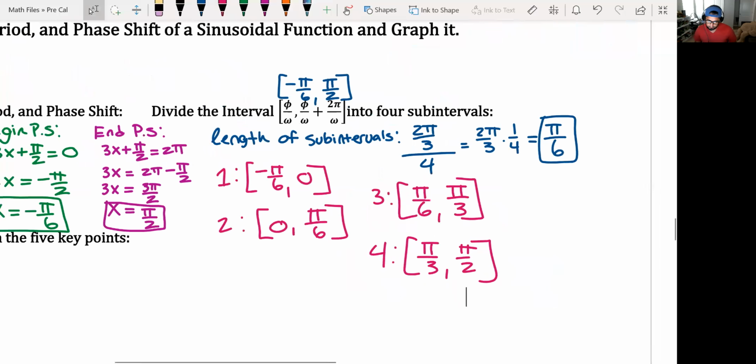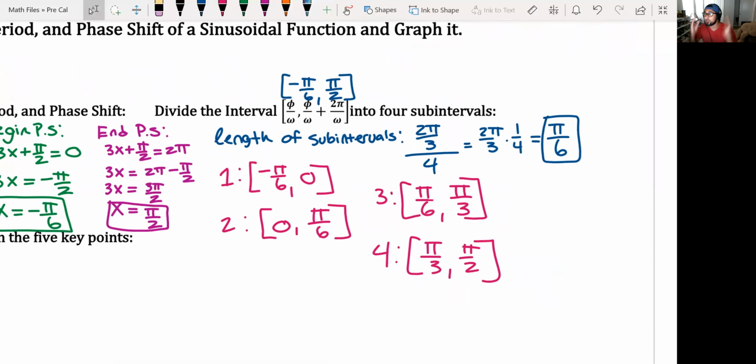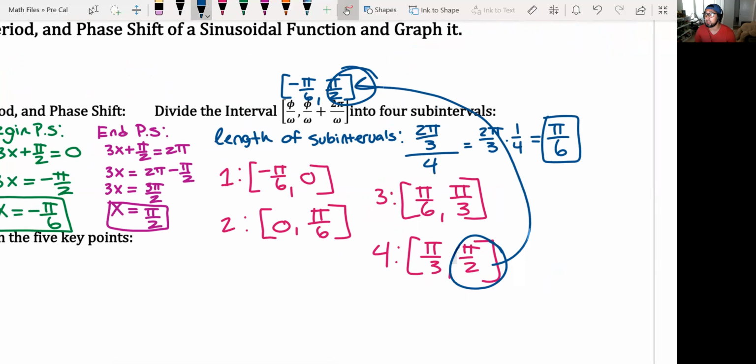And the way to know if you did these correctly is that the very last x value of your subintervals matches the last value of your main interval. If those two match up, then you did it right.